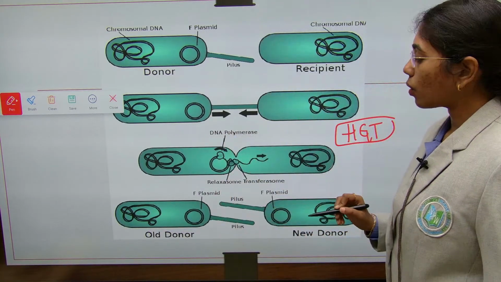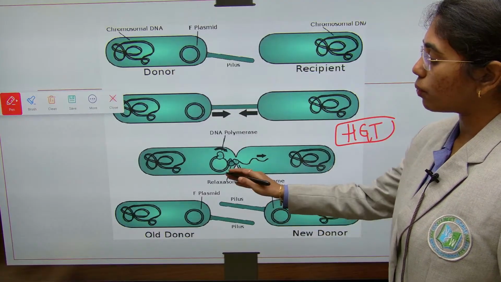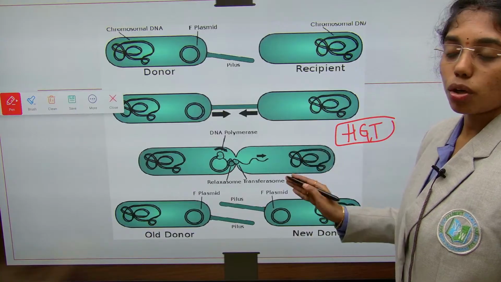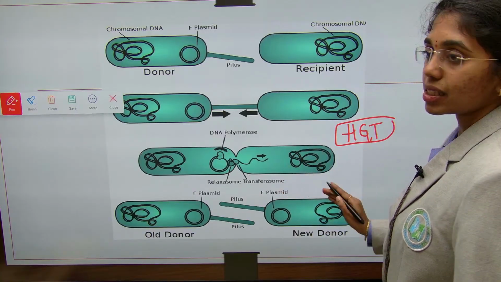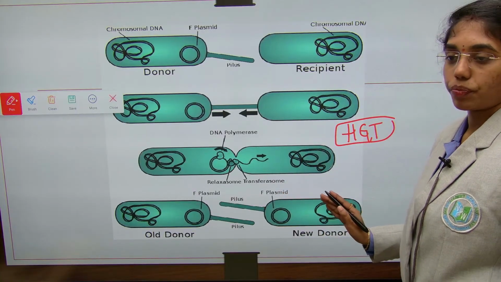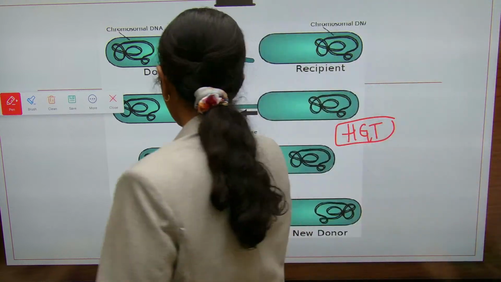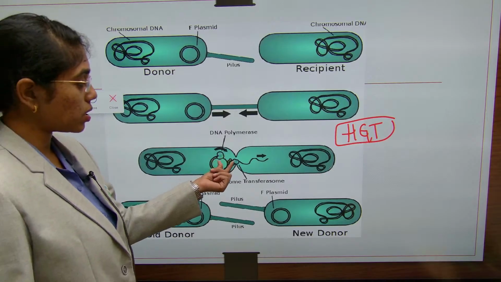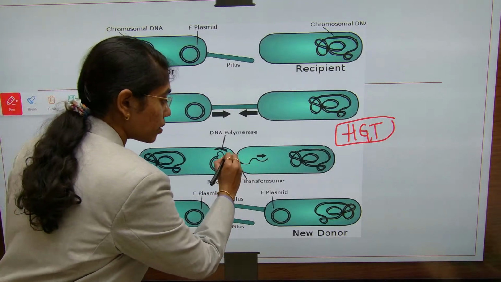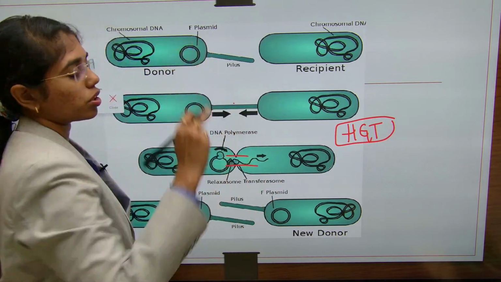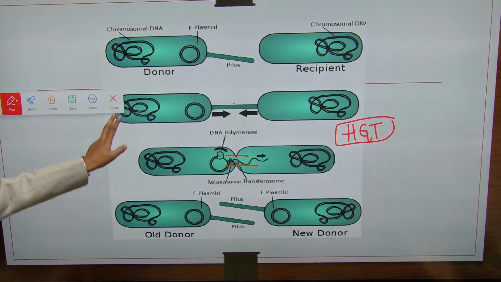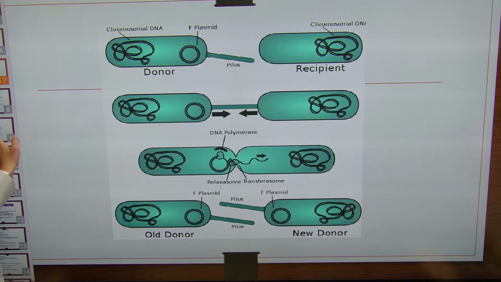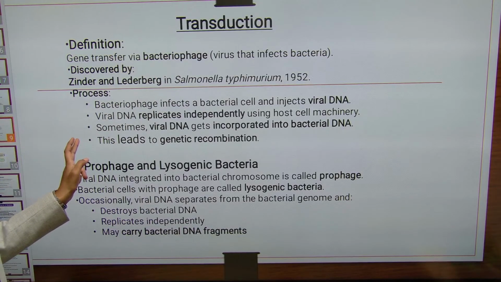The mechanism of DNA transfer involved here you can also say is the rolling circle mechanism. This is also a horizontal gene transfer mechanism as it is between two bacteria, transferring horizontally through the conjugation tube. Clear? Next is transduction.